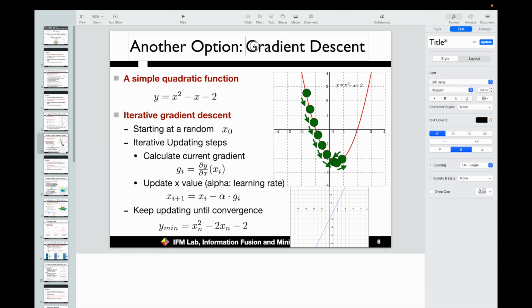In the following pages, for the deep learning models, we will train them all based on the gradient descent algorithm. In other words, we have to do this iterative updating of the function regarding the variables. This is a very simple case, and in the following pages, we have more complete cases to show you how this algorithm works.